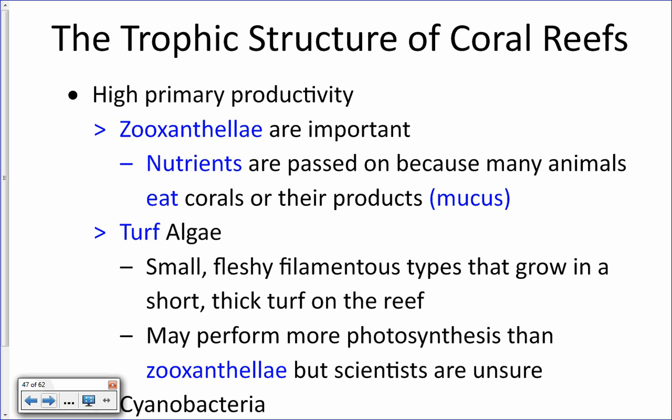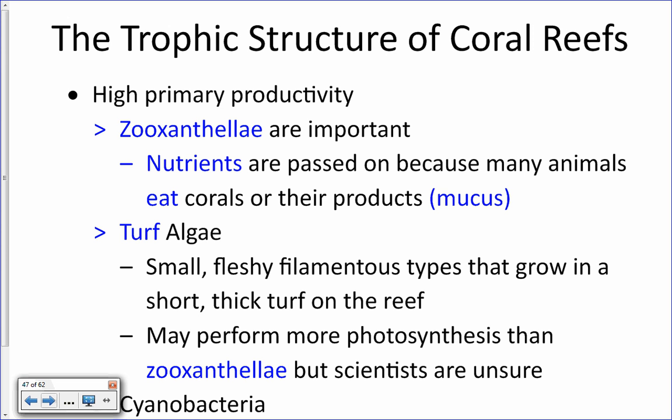You also have this stuff called turf algae that lives on reefs. And it's called turf algae because it looks like turf, like grass or something like that. So it's small filamentous algae, like these little thin filaments of algae that grow and look like a turf on the reef.